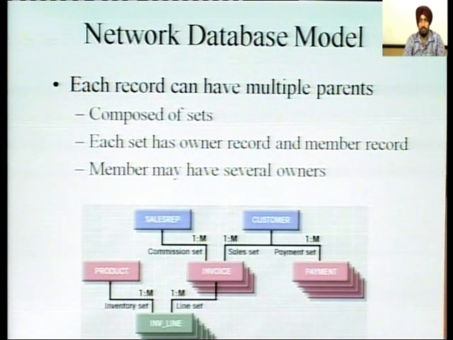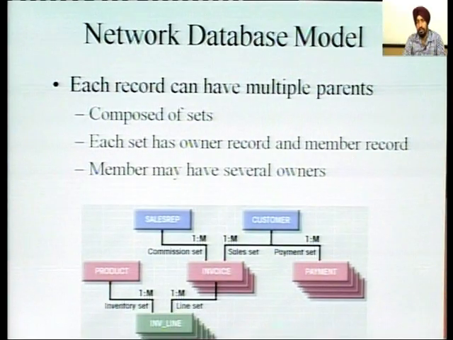In this diagram, we can see the network data model. That means one entity has a relationship with another entity. There are many different types of relationships, maybe one to many and many to one.